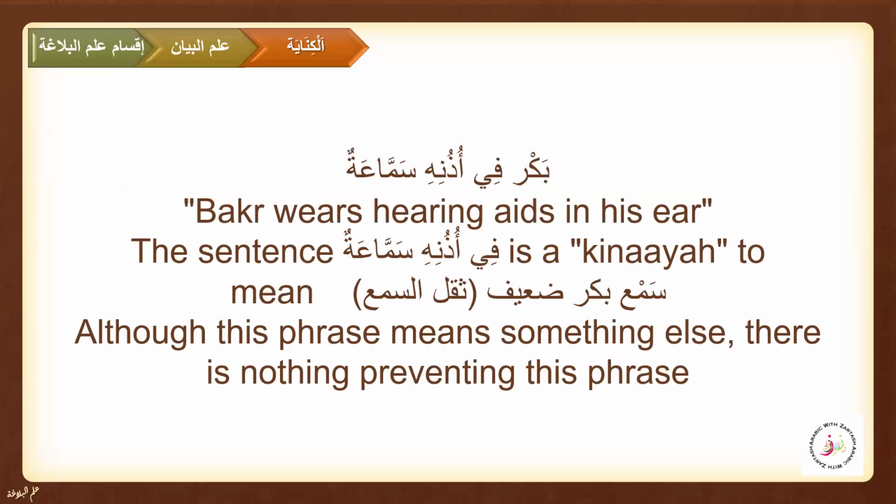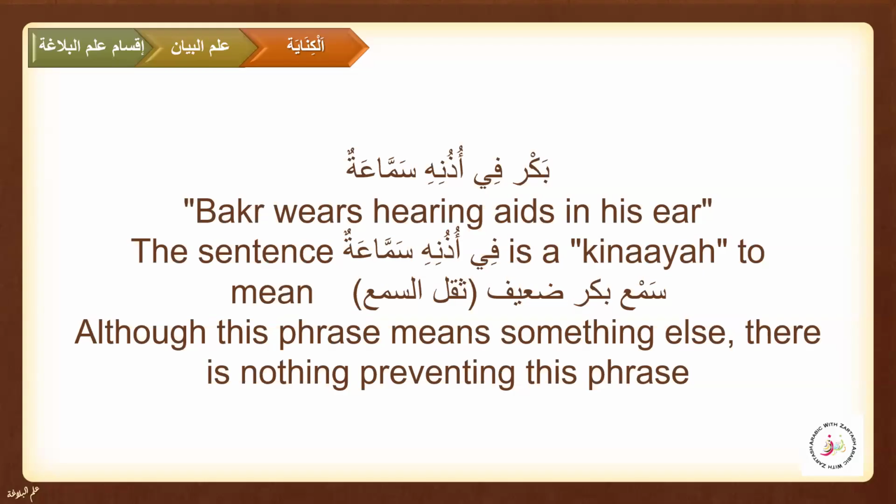So what does this really mean? On the surface, it just tells us a simple fact: Bakr uses a hearing aid. But actually this sentence is a kinaya. It's indirectly telling us something else. It's hinting that Bakrin Daifun, Bakr has weak hearing.